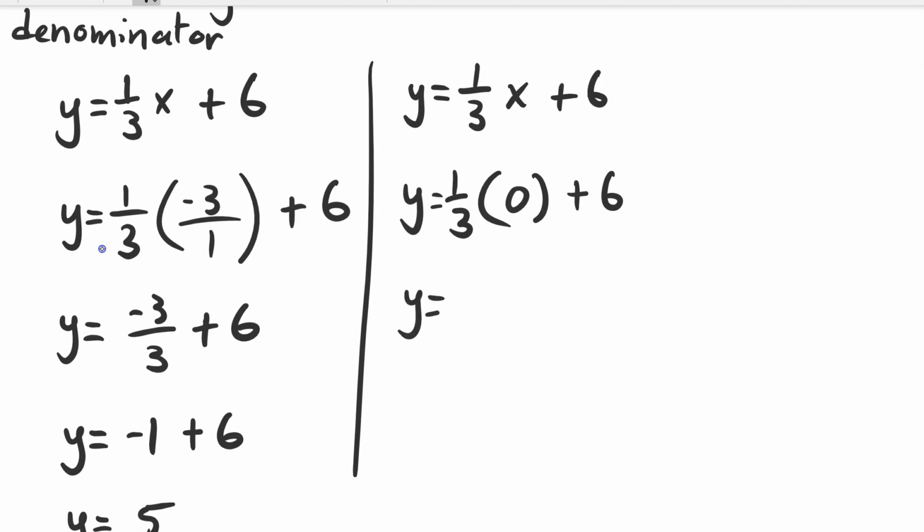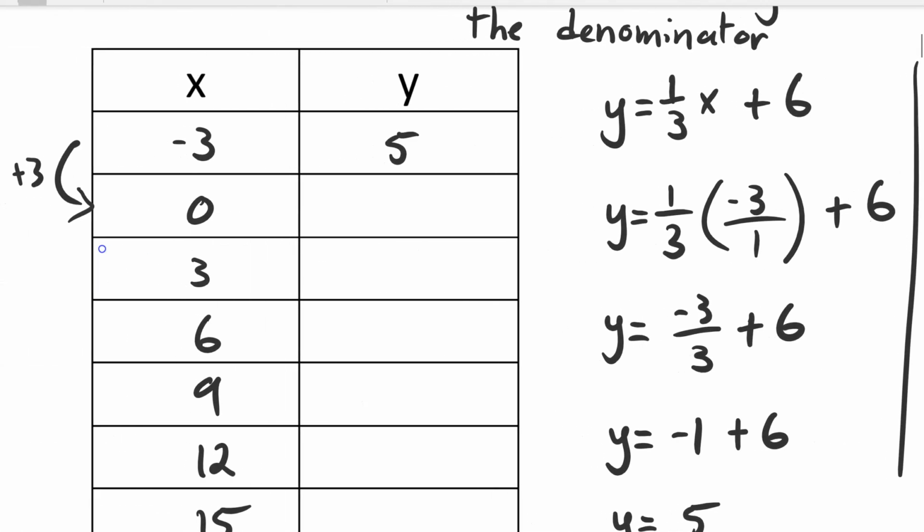Now, just because we know anything that we multiply by 0 is going to result in a 0, we can skip ahead and put a 0 here, plus 6. Well, y equals positive 6. So when 0 was our x value, it resulted in a y value of positive 6.